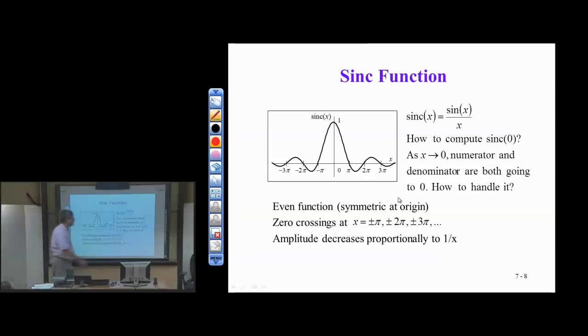So we take the derivative of x with respect to x, which is 1. And we take the derivative of sine, which is cosine. So we do L'Hopital's rule, then it becomes a limit that equals 1. It's good.